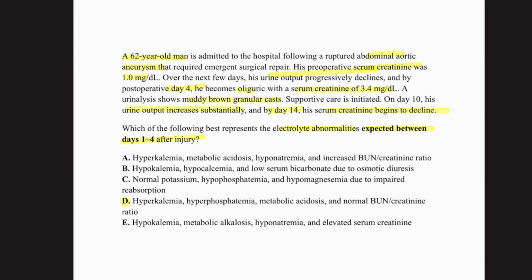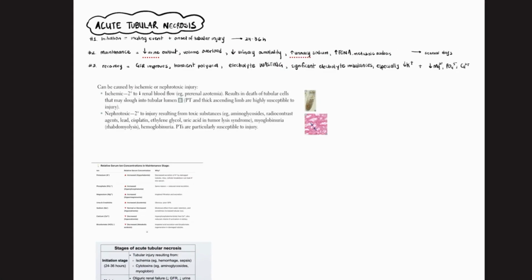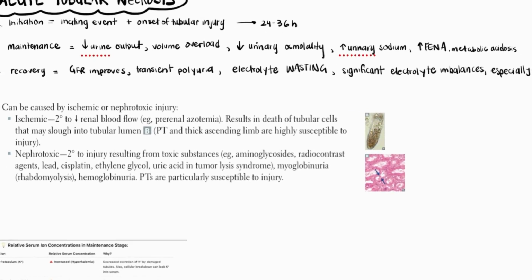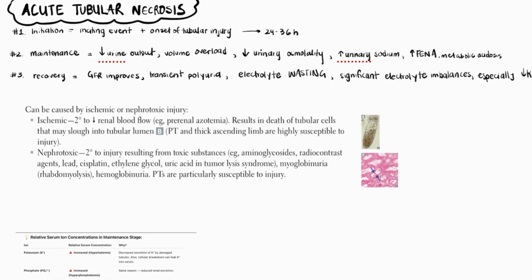Now, they can happen based on two reasons. So let's go over that. Now, this is from our first aid book. So they can be caused by ischemia, so lack of oxygen, or even nephrotoxic injury. So ischemic can be secondary to less renal blood flow. Like, let's say there is a chronic type of heart failure.